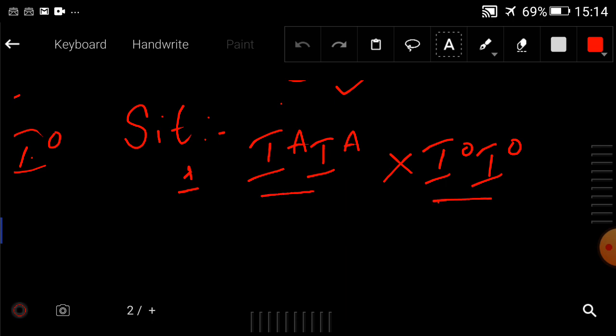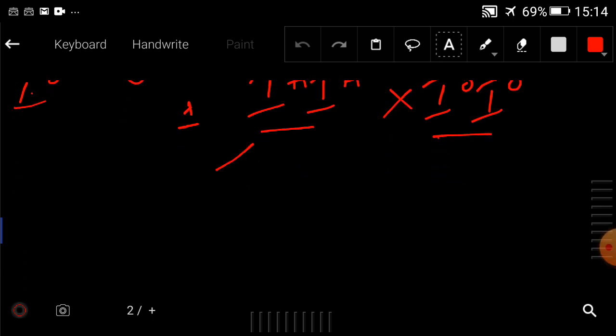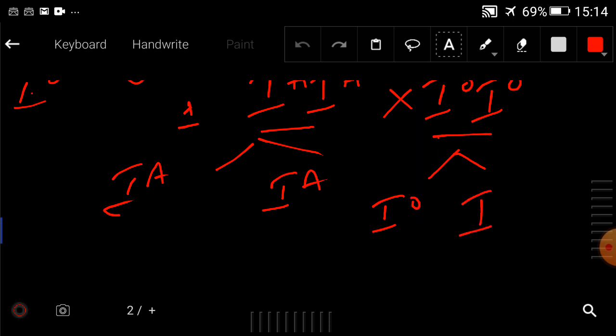Okay. So now how will the gametes be formed? They can segregate as IA and IO, right?